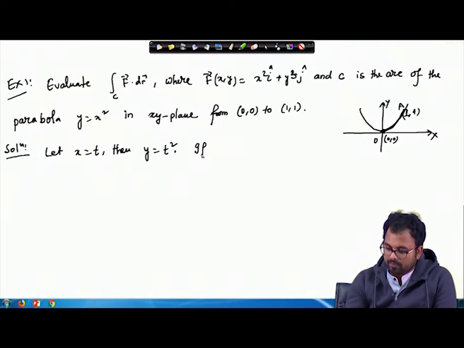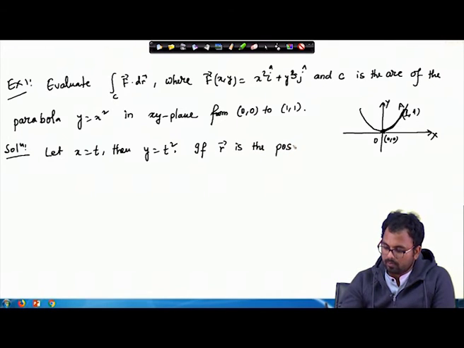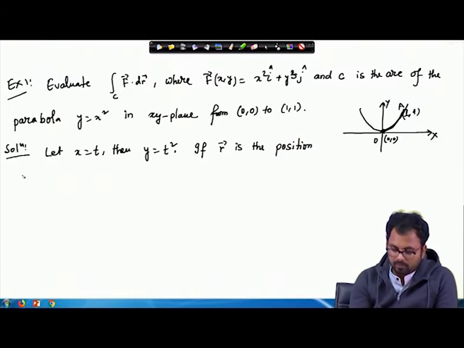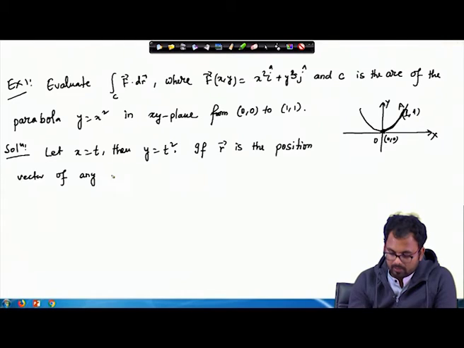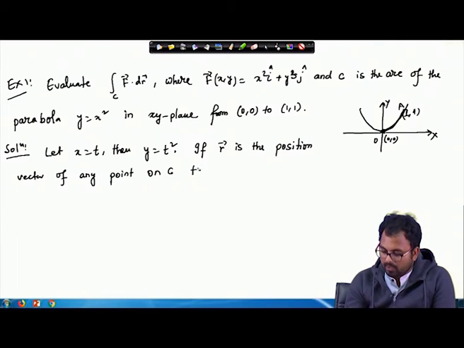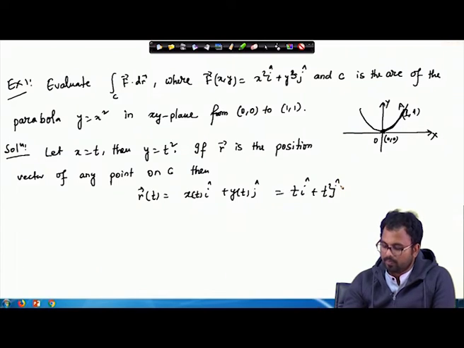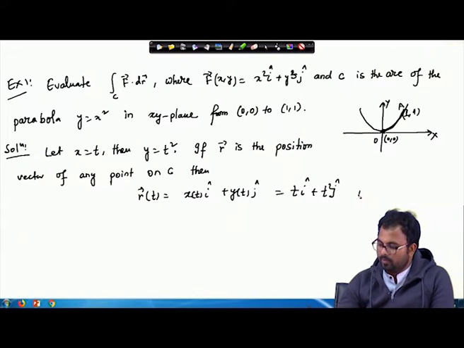If r is the position vector of any point on C, then r(t) can be written as x(t) i plus y(t) j, which is t i plus t squared j.